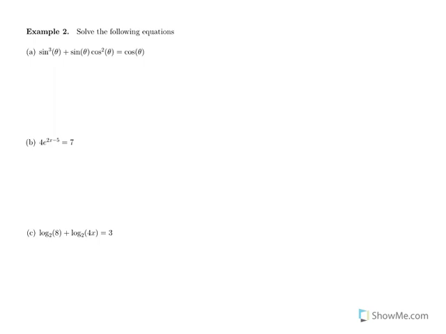So the first one: sine cubed theta plus sine theta cosine squared theta equals cosine theta. There are a lot of different ways we can go about solving this, but how I'm going to do it is factor out a sine of theta on the left-hand side, because I will be left with sine squared theta plus cosine squared theta on the left, and then equals cosine theta on the right.